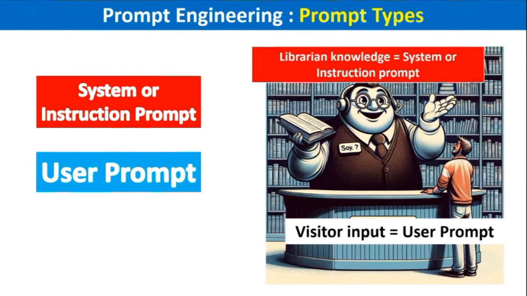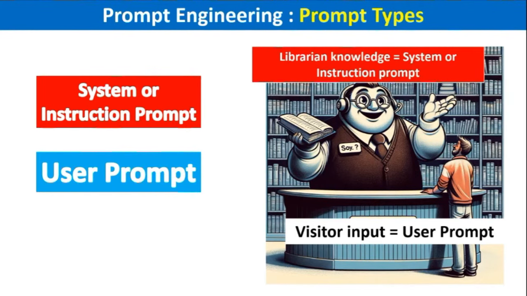In the case of AI, the user prompt is what you as a user input into the system to get a response. The quality and specificity of your question or request, which is the user prompt, will determine the relevance and usefulness of the information, the response you receive.